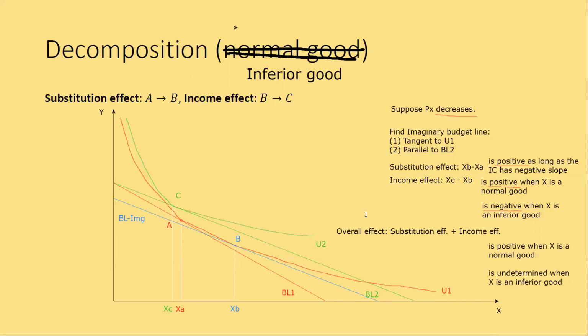And previously, the overall effect is undetermined when X is an inferior good, because of the possibility of this kind of situation. So by only saying that the good is an inferior good, the second graph we drew might be the case, while this graph might also be the case. We cannot be certain which one exactly is the case.